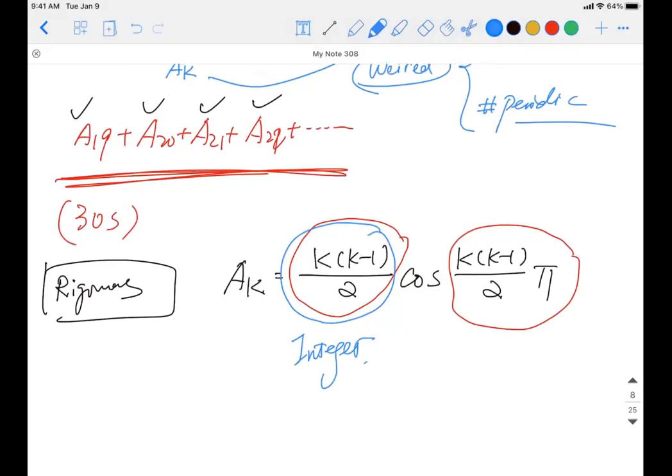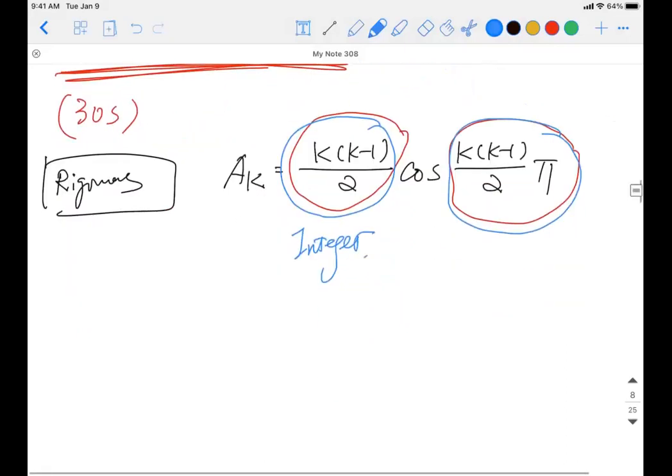Okay, let's continue. If this always generates an integer, you're basically talking about cosine of an integer times pi.